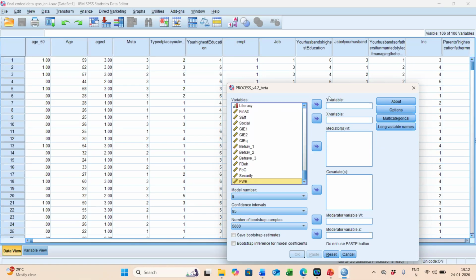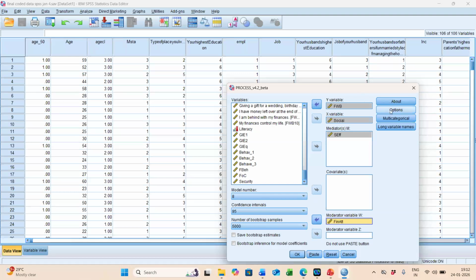The dependent variable here is financial well-being. The independent variable is socialization. The mediator is self-efficacy, and the moderator, now we are considering financial attitude as a moderator. After doing this, we can change some of the variables and see how the output is changing.